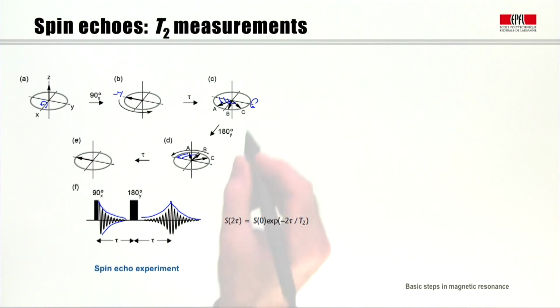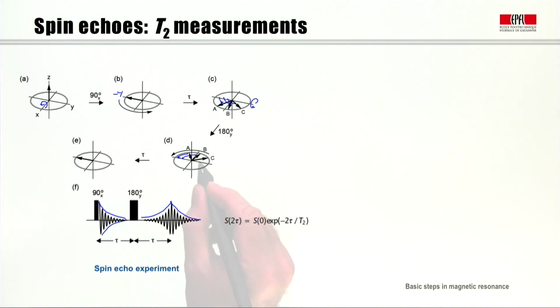B in the refocusing period will have a longer path, but it also had a longer path in the defocusing period, and C has the longest of all, which corresponds to the large excursion. And when tau, the refocusing period, is precisely matched with the duration of the defocusing period, then all three vectors end up along the same axis. That means the interference between these vectors is constructive, and that means that the signal will be intense.